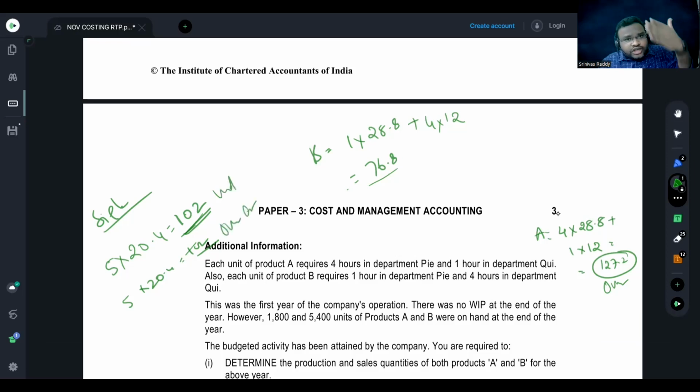Because your pricing is dependent on your cost. When you say that 102 is my cost, you add margin on that. Understood? So let us assume for A there could be some material cost, some labor cost, and you are adding 102 overheads instead of 127.2. That means you are undercharging, underpricing. Whereas for B, materials would be one cost, labor would be one cost, you need to add only 76.8, but you are adding 102. That means you are overcharging product B.